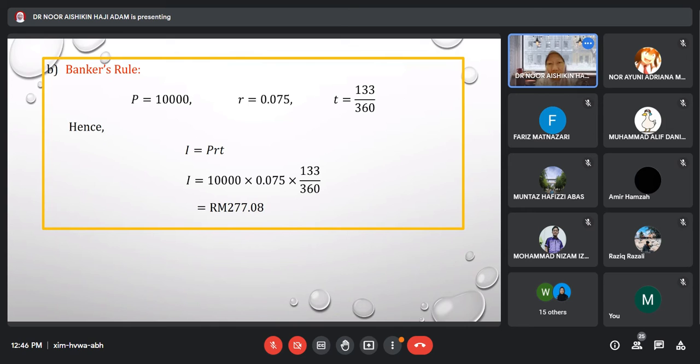So I equals 277.08. Then what is S? What is S?